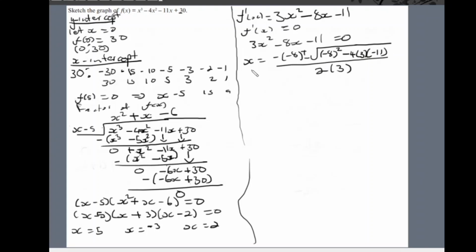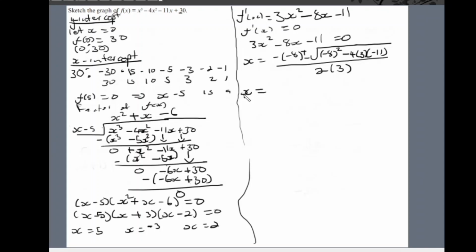This is there in your formula sheet, the quadratic formula, right? Okay, let me quickly punch my calculator: 8 plus the square root of 8 squared minus 4 times 3 times minus 11, divided by 2 times 3.